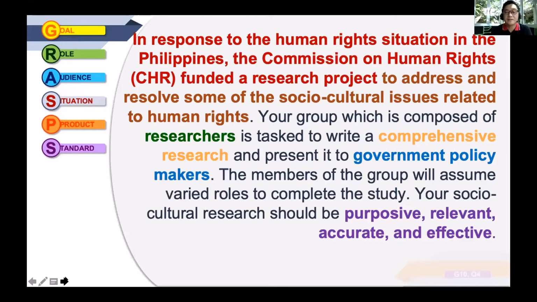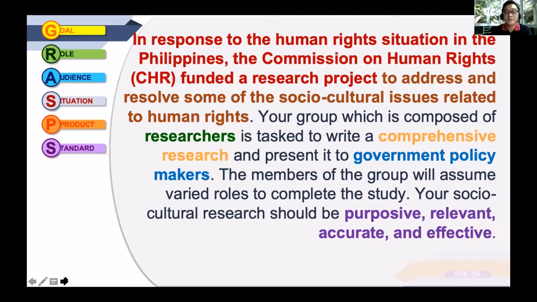Your group, which is composed of researchers, is tasked to write a comprehensive research and present it to government policy makers. The members of the group will assume varied roles to complete the study. Your socio-cultural research should be purposive, relevant, accurate, and effective.